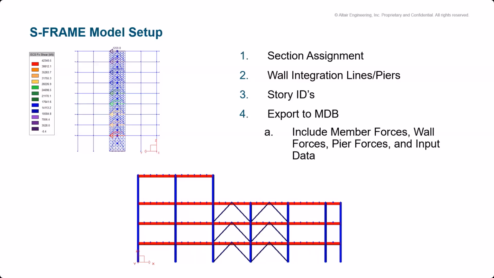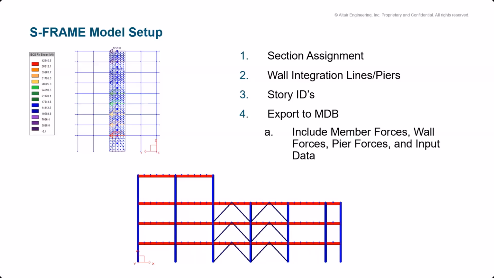Then for this case, we also need to have the wall integration piers that comprise the concrete core. We need to define the story IDs. S-Frame has the ability to define different IDs, and this is useful later in our workflow because we need to define the different IDs so the multi-story designer can read them correctly.